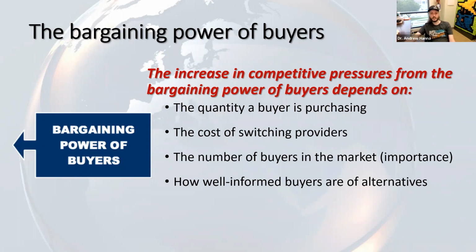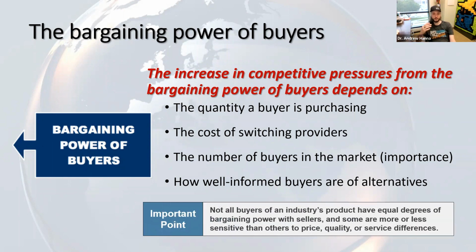So that's what makes this a really significant force for us to consider when we're assessing our external situation or our industry here. But really importantly, not all buyers of our industry's products are going to have equal amounts of bargaining power, right? Some are more or less sensitive than others to price, quality, service differences.